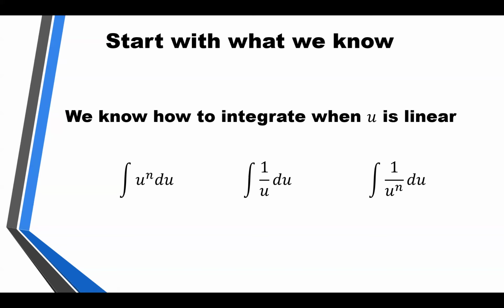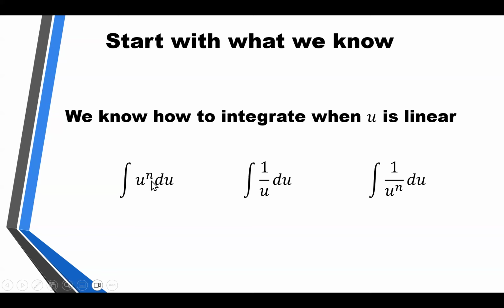And what we know is how to integrate things like u to the nth power, or 1 over u, or 1 over u to the nth power if u is linear. So we know the technique to do that.